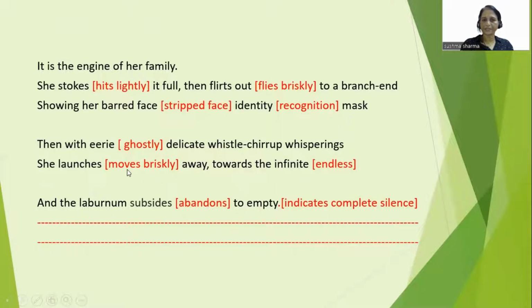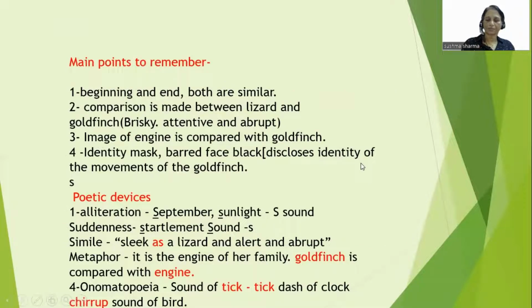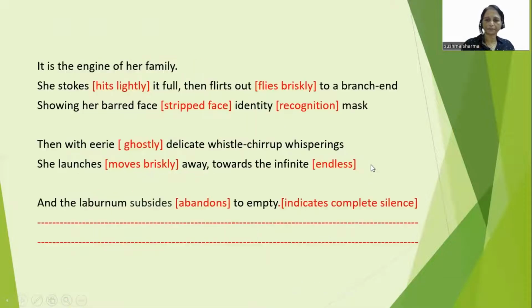She moves briskly, smoothly, she goes away from the tree towards the infinite. Infinite here means the sky. She moves towards the sky for her further work in search of food, to find food for the children.